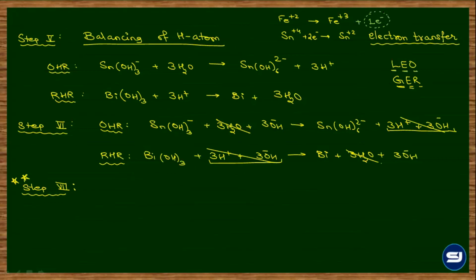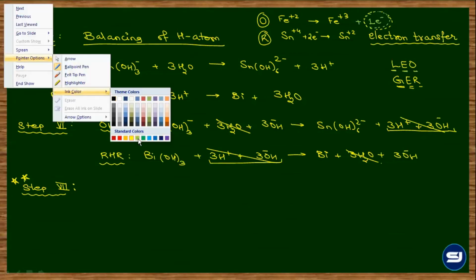So can I generalize: if the electrons are added on the right, it indicates the loss, and the loss indicates oxidation. If the electrons are added on the left, it indicates the gain of electrons, and that further indicates reduction. So this is how we can visualize any oxidation and reduction. Is that clear? Yes, sir.